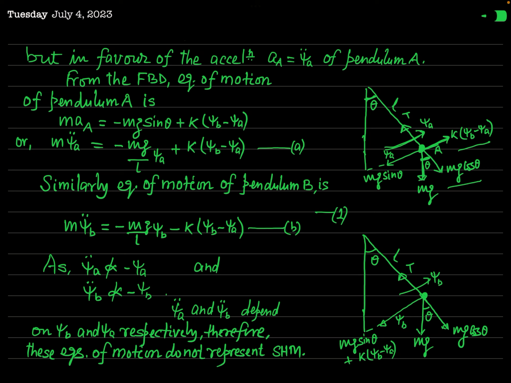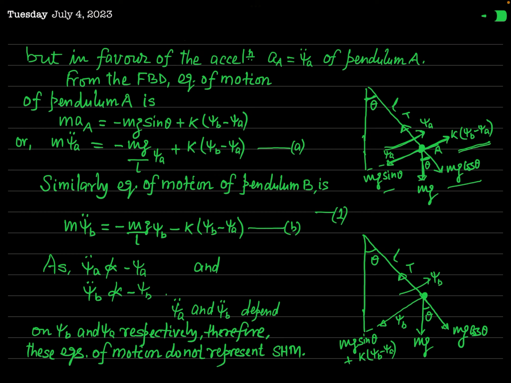The other component, which acts like a restoring force, will be mg sin theta acting towards the equilibrium position. So this mg sin theta tends to decrease the displacement, while k times psi b minus psi a tends to increase the displacement.